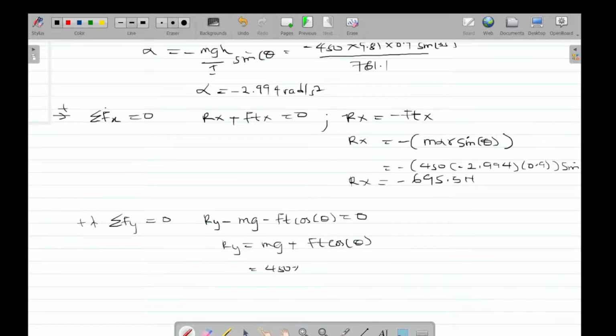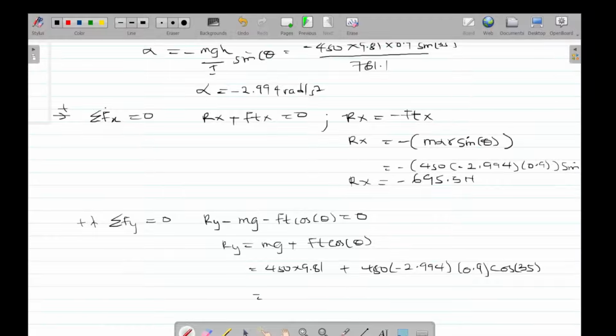So 450 times 9.81 plus 450 multiplying negative 2.994, which is the alpha, times r, and r is 0.9, cos 35.